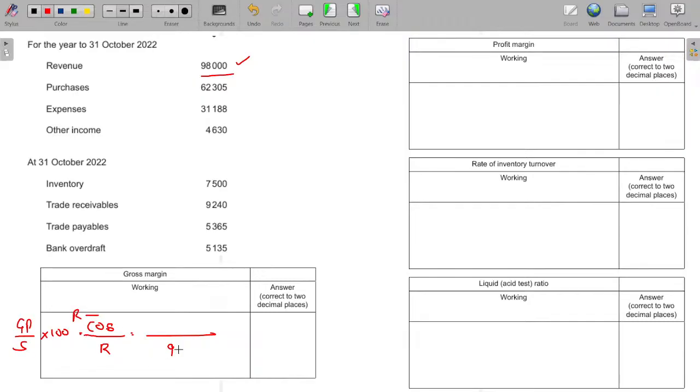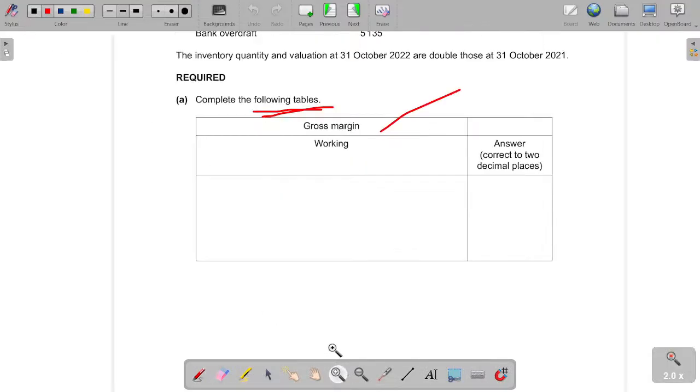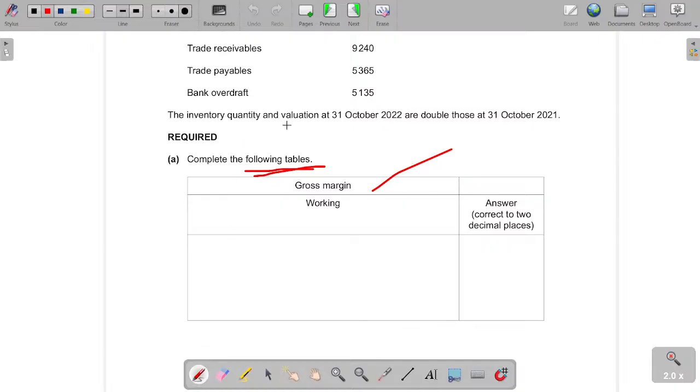In the numerator, 98,000 minus the cost of sales. Here there is a term: inventory quantity and valuation on 31st December 2022 are double those of the previous period.